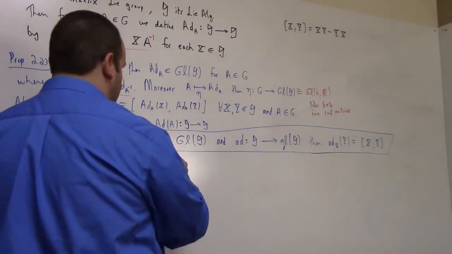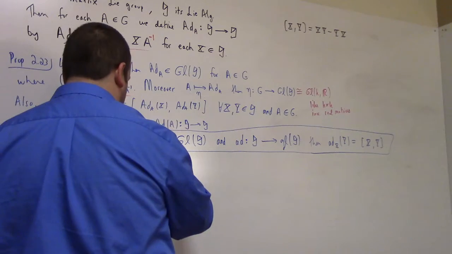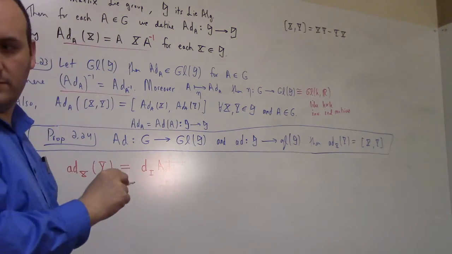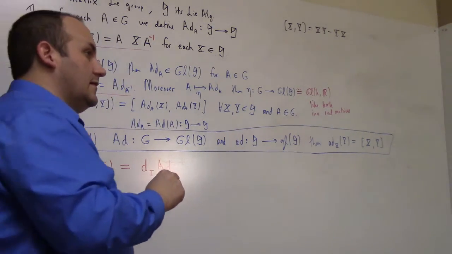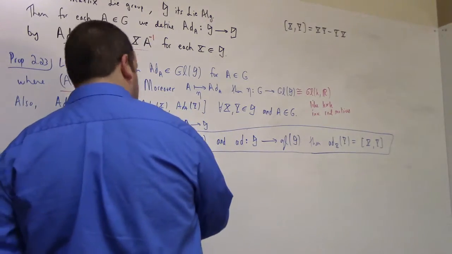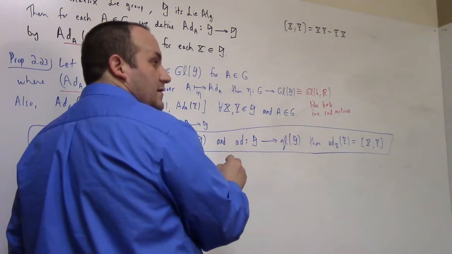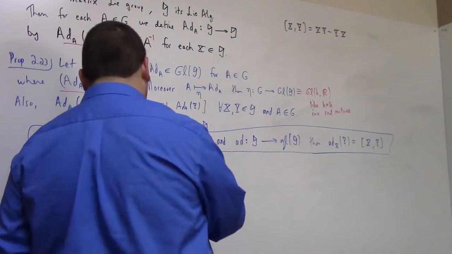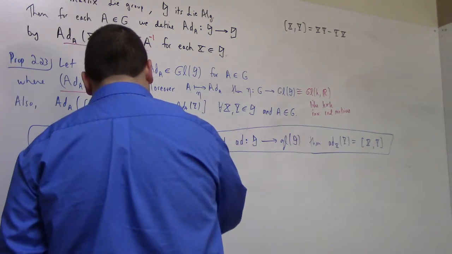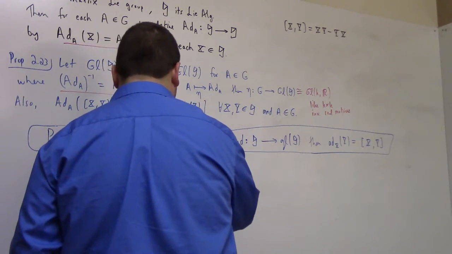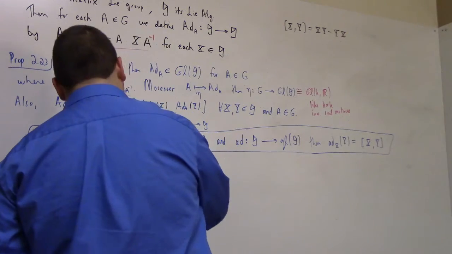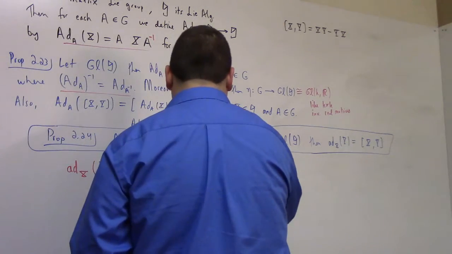Eta is what he calls big Ad, right? Now, what is it acting on? It acts on x, and all of that, x on y.